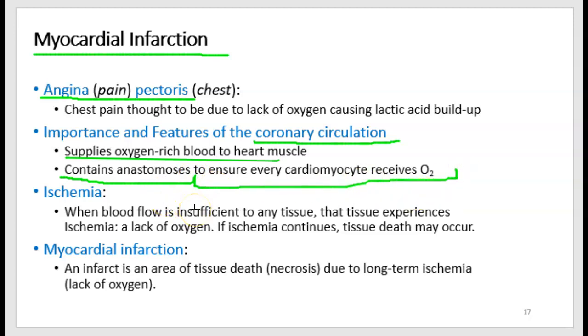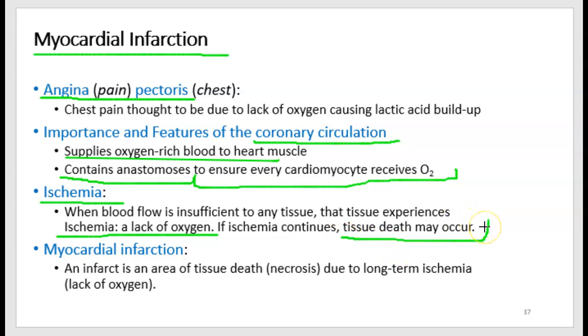If for some reason the heart muscle does not receive oxygenated blood, we say that it experiences ischemia, or the tissue becomes ischemic. So ischemia means a lack of oxygen. If ischemia continues for any period of time, the cells may die, so tissue death may occur.